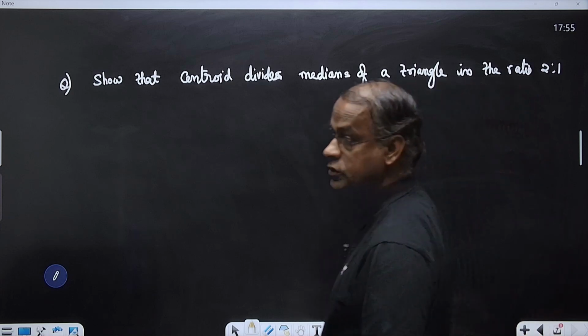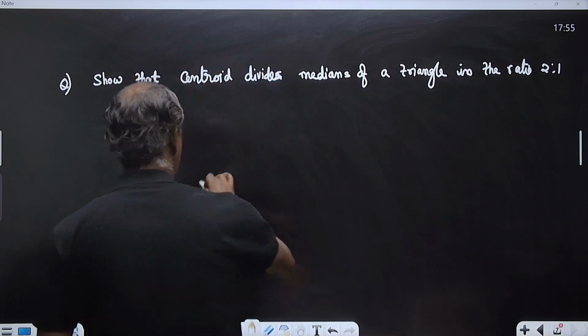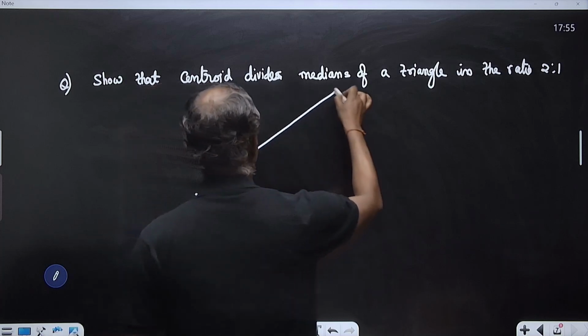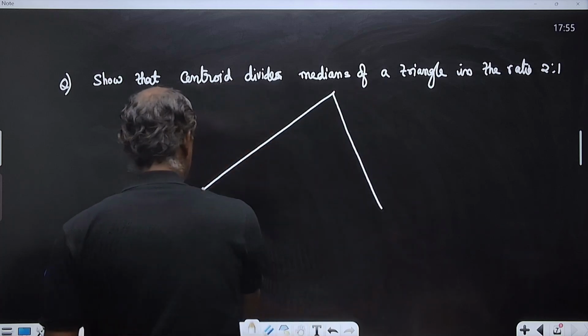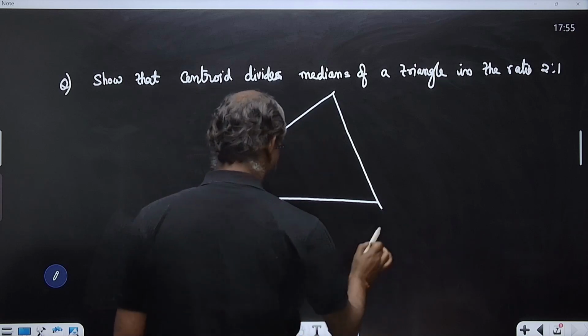We had just used it as a fact earlier. There are various proofs available. I am using the proof which utilizes the fact that the diagonals of a parallelogram bisect each other.